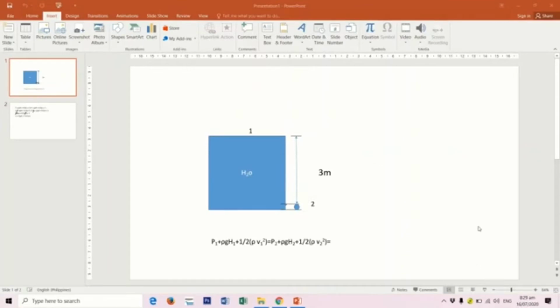First, we have to identify the points. Here we have point 1 and here we have point 2.